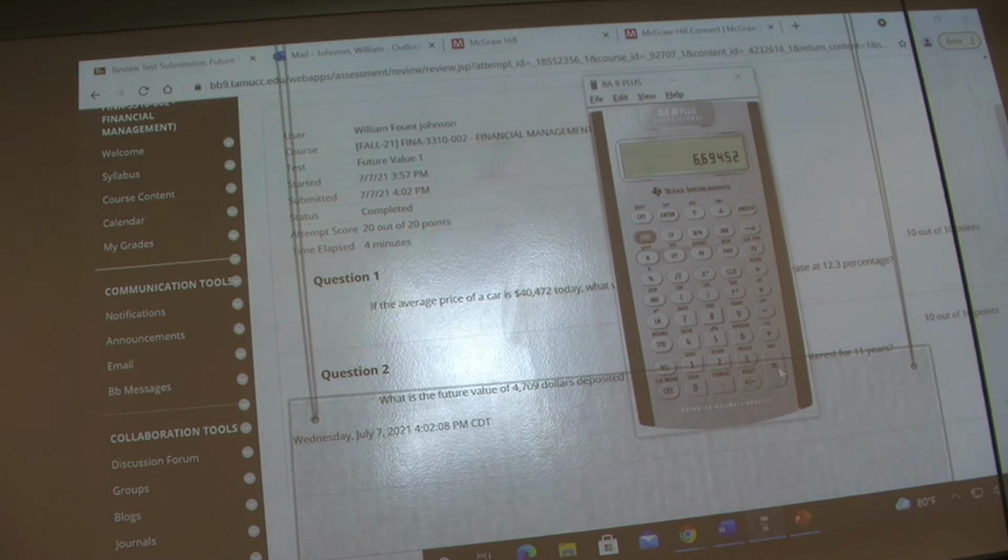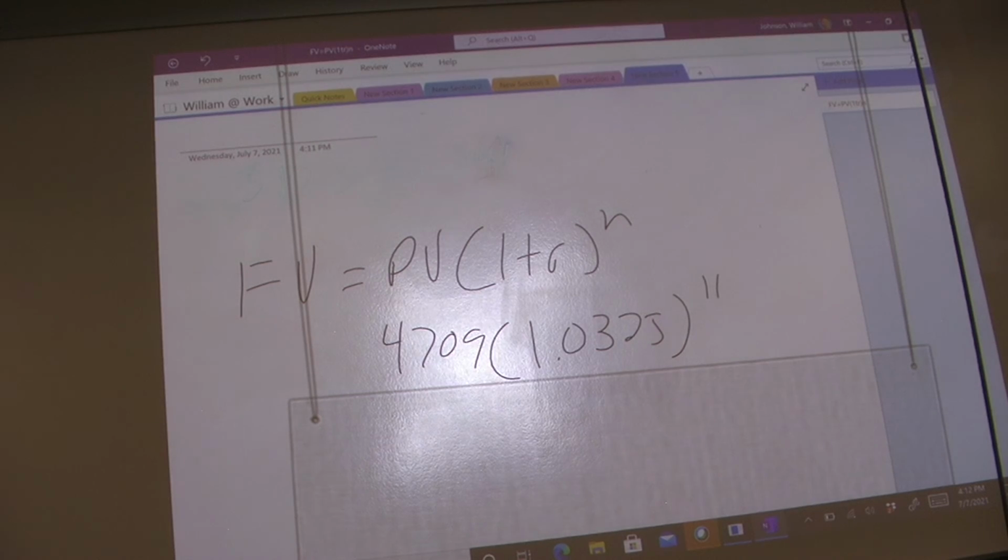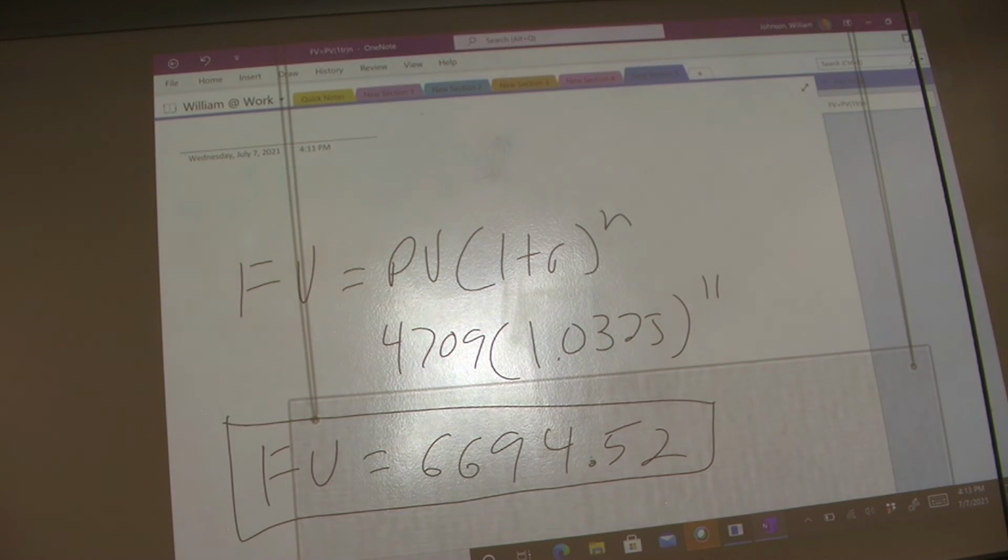We end up with this future value. Alright, so that's how you solve future value questions using the formula.